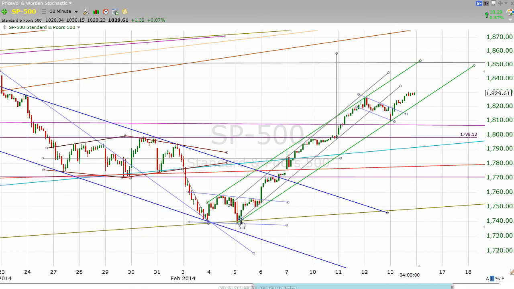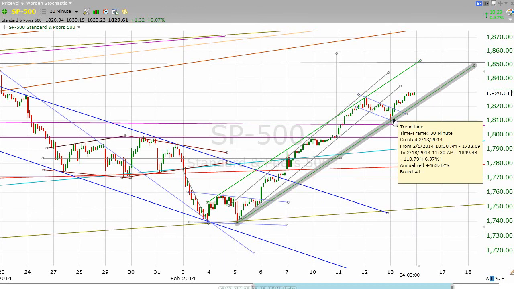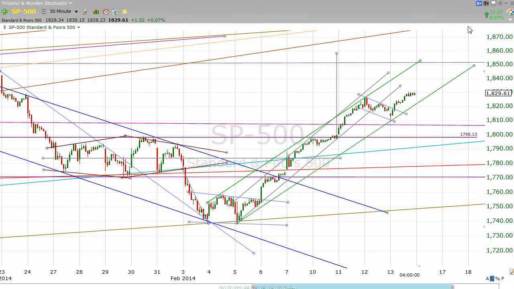So we were going from support to resistance in this skinnier channel. Then we fell back, and then we went from support to resistance. So I'm open to the idea that we are seeing that happen here again.